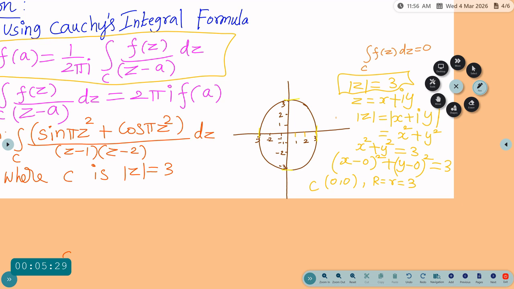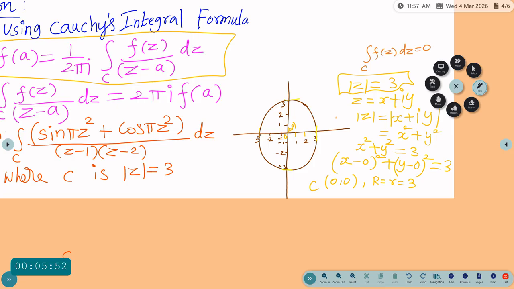So that we can draw this graph. This is point O, 0 comma 0, the center, and 3 is the radius.